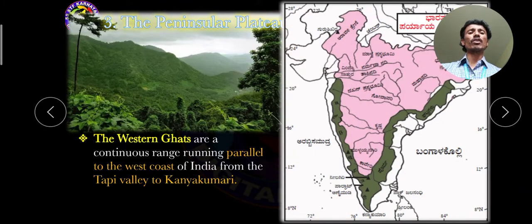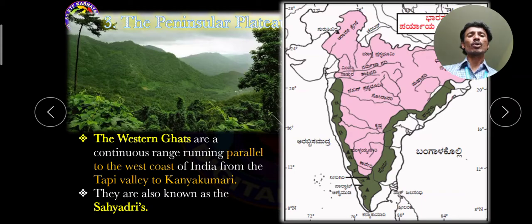Then the Western Ghats. Here is an important differentiation question, students: what is the difference between the Western Ghats and the Eastern Ghats? The Western Ghats are a continuous range running parallel to the west coast of India from the Tapi Valley to Kanyakumari.